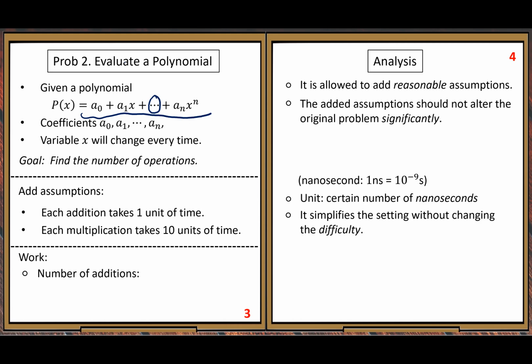But can you associate the first plus sign with the subscript of the first term, A1, the second plus sign with the subscript of the second term, A2, and so on? Can you associate the last plus sign with the subscript of the last coefficient, A sub n? That's a one-to-one correspondence.